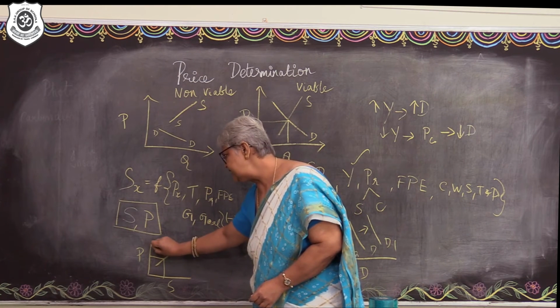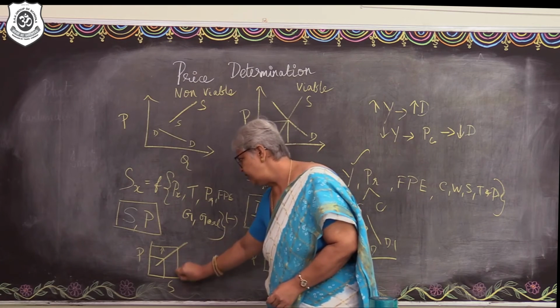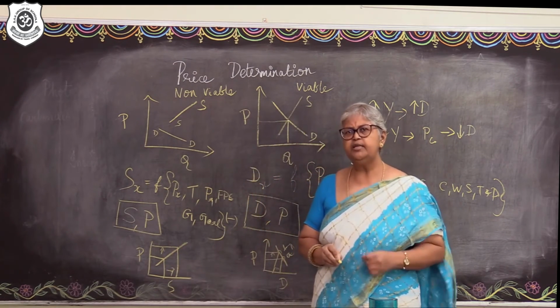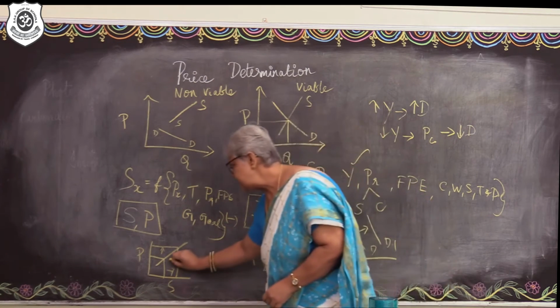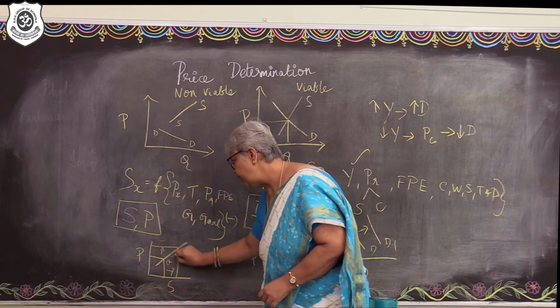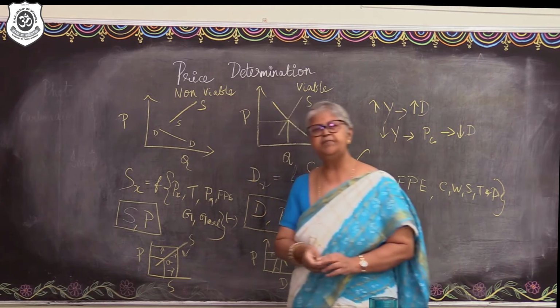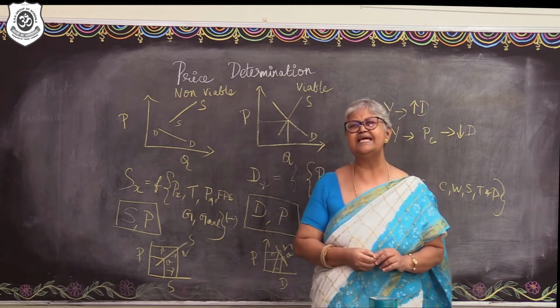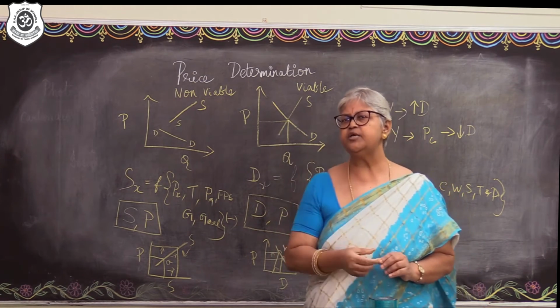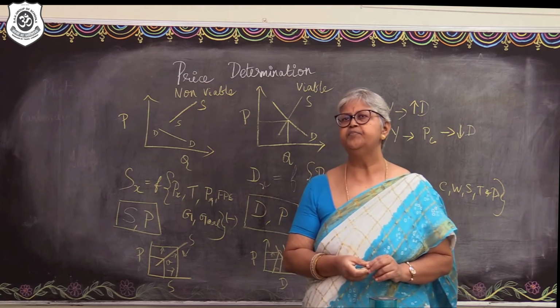When price is increasing to the next level, then we understand that there is going to be an extension in the supply. That is, say from point A, there is going to be a move to point B along the same supply curve, which can be understood as an extension in the supply or change in the quantity supply.